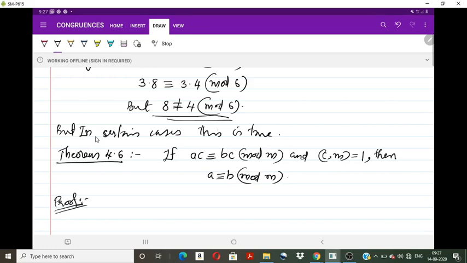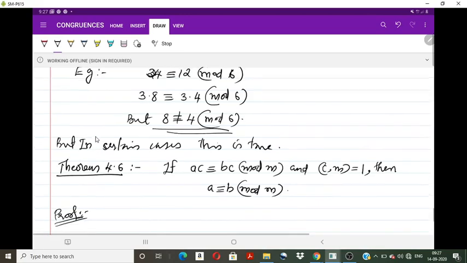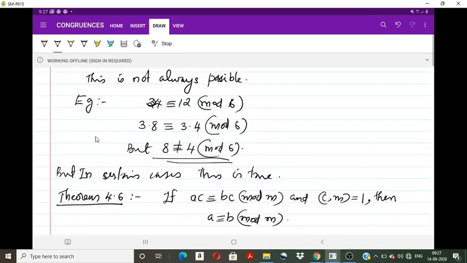This is our theorem. Now we have to prove this. Before proving, we can check what happened in the above example. Here you can see that 24 is congruent to 12 modulo 6. But here the common factor C is 3 and M is 6, and we can see that GCD of 3 and 6 is equal to 3, not equal to 1.